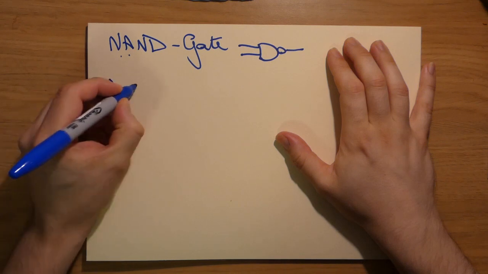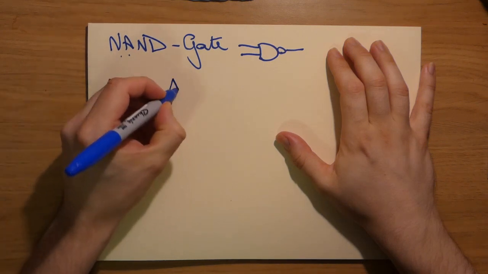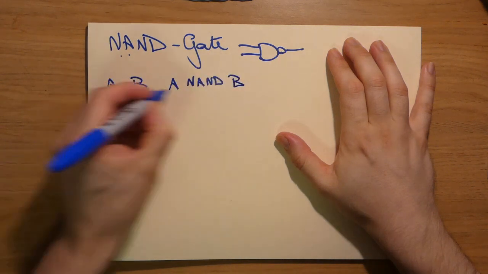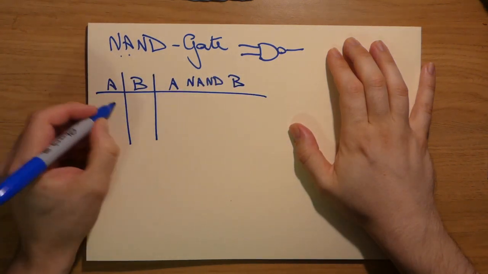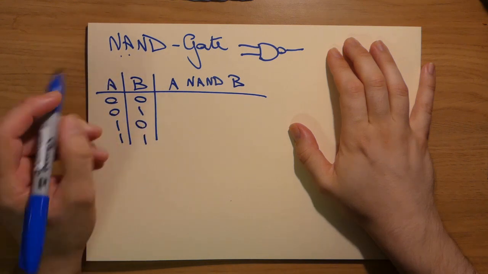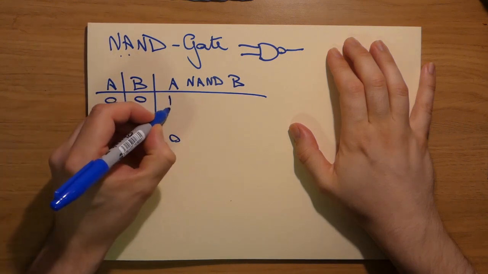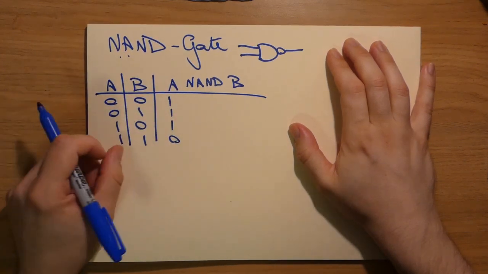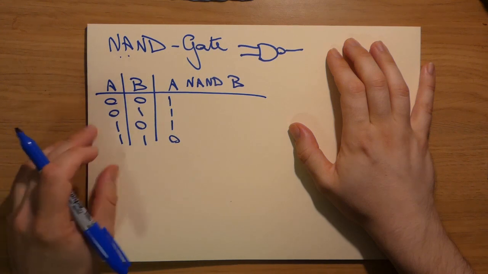The truth table, okay, so basically the inverse of what an AND would be.